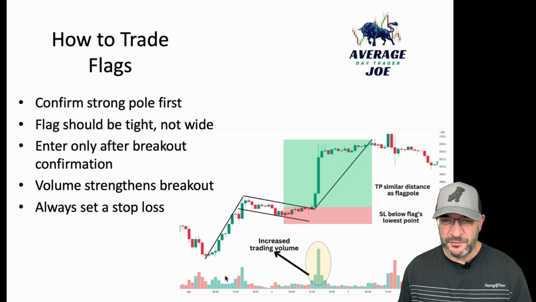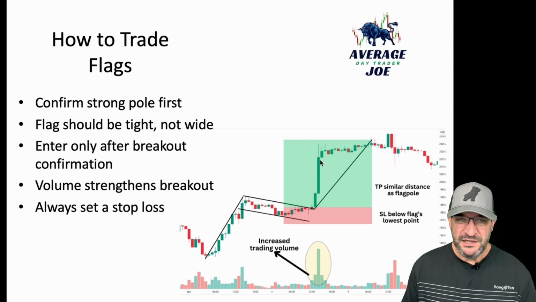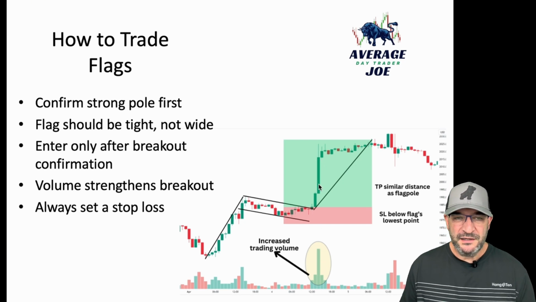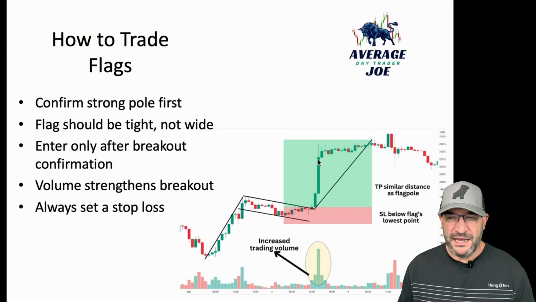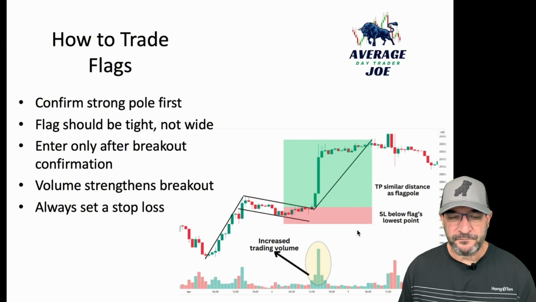I use my MACD with this volume here in my charts, but here this volume signals that it's getting ready to launch. So you use volume along with it, and you're running this up. And then always set your stop loss, and you want to set it below the flag's lowest point so you can ensure that you're not losing any money if it turns around and breaks hard the other way.